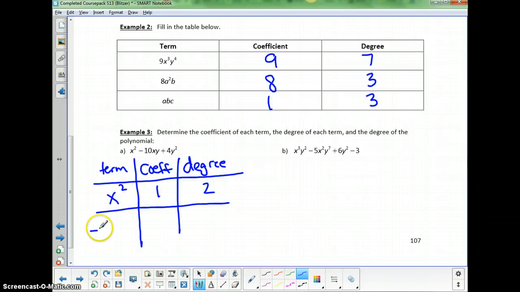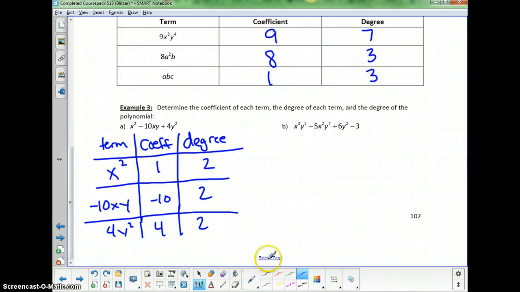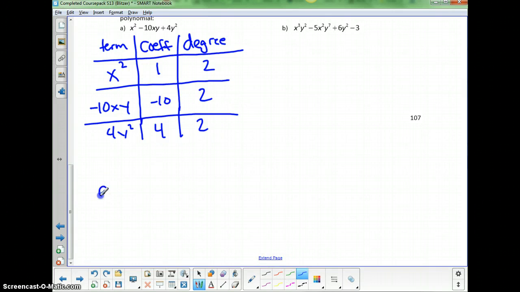In the second term, negative 10xy, the coefficient is negative 10. The degree is also 2. And in the third one, 4y squared, the coefficient is 4. The degree is 2. Now, from our definition before, the degree of the polynomial was the largest degree of any of the terms. So the degree of the polynomial is 2.